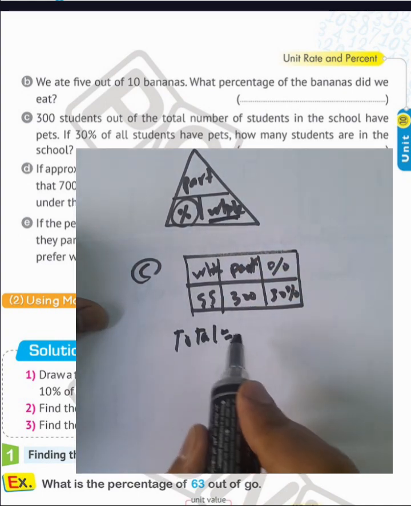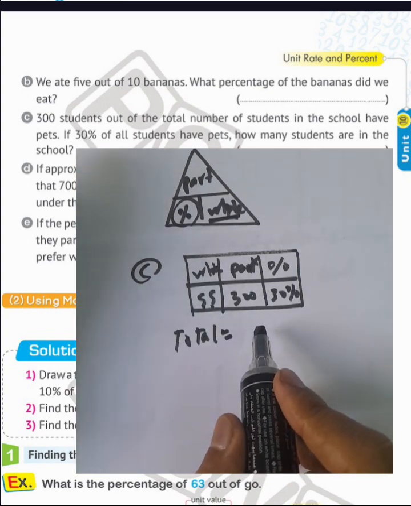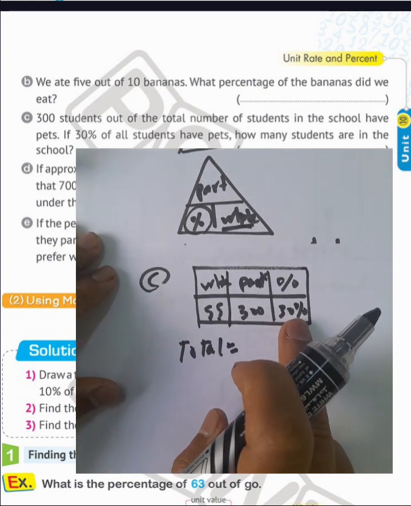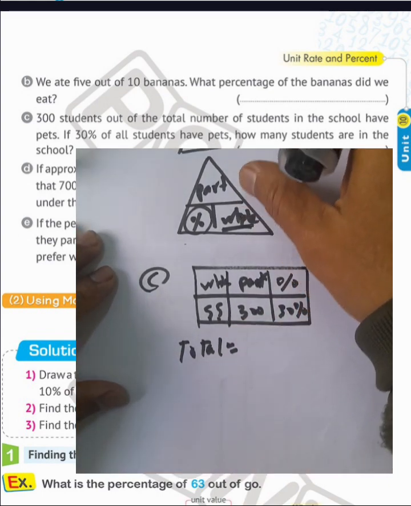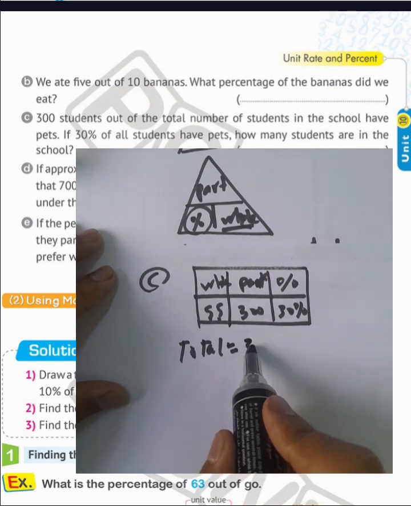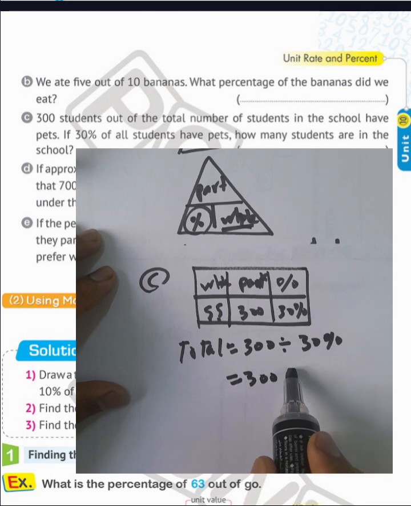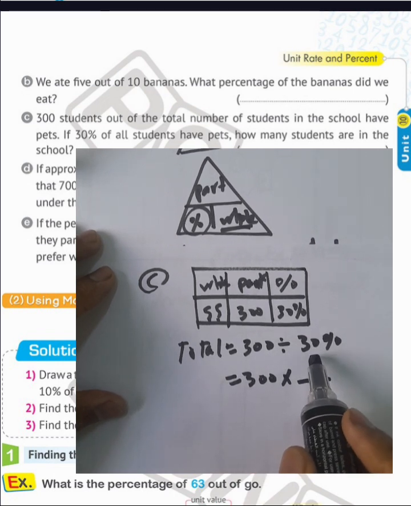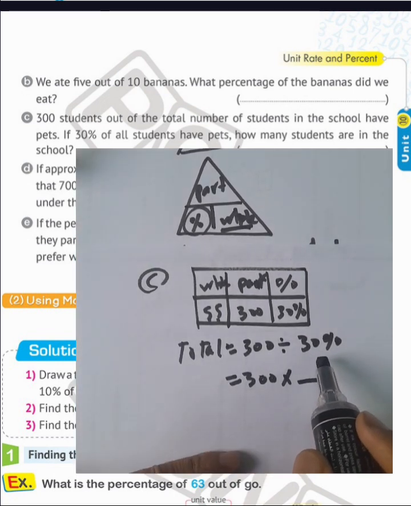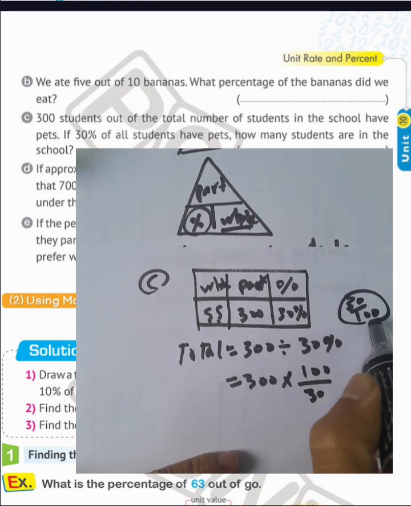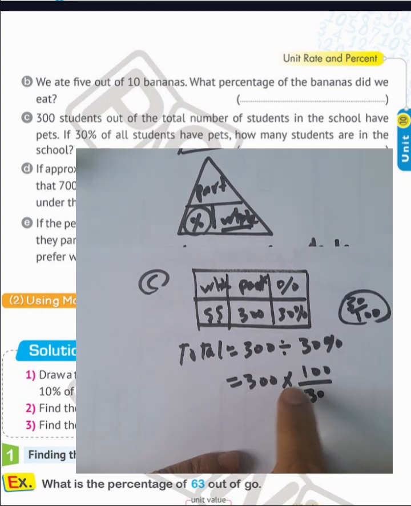The total students in the school we can find by dividing 300 by 30%. Divide two numbers to find the whole number, divide the part by the percent. 300 multiplied by the inverse of 30 over 100, meaning 100 over 30, because 30% means 30 over 100. Then you convert from division to multiplication and write the inverse of 30%, which will be 100 over 30.